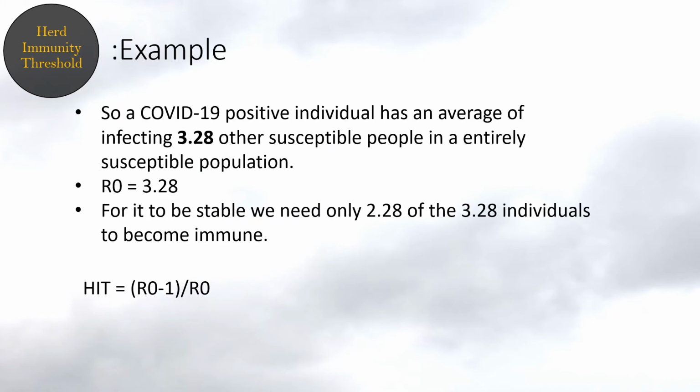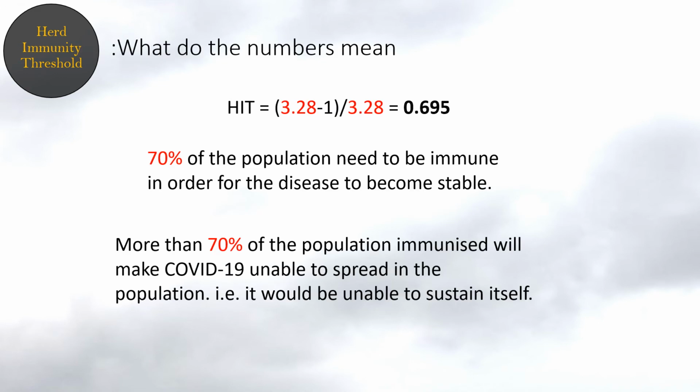So then, the herd immunity threshold, we've got the calculation at the bottom. I'm using the top calculation from the calculations page. And we plug in the numbers. So it's 3.28 minus 1 divided by 3.28. This gives us 0.695. But what does this number mean? I'm going to round it up to 0.7.